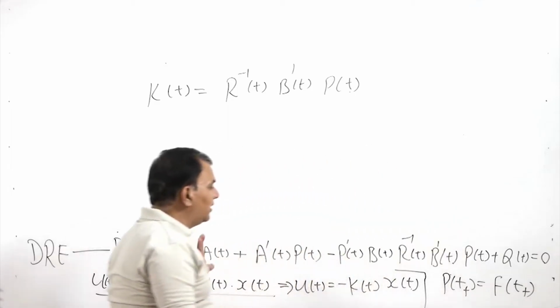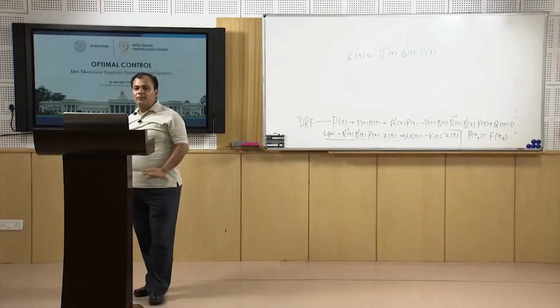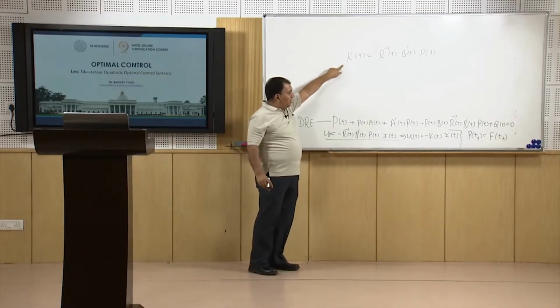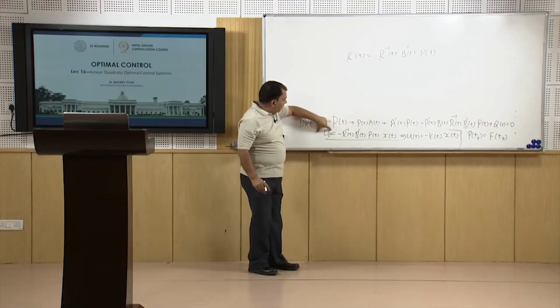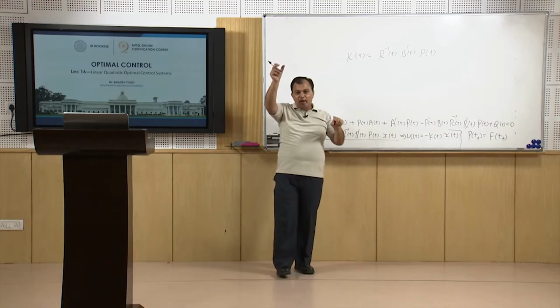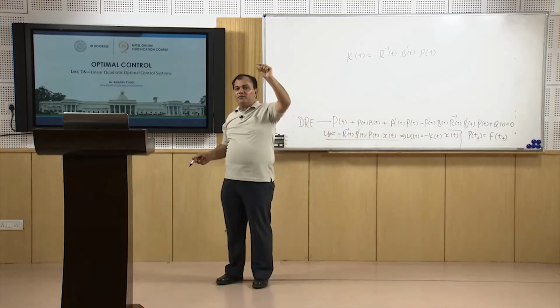So, in backward time we can solve this Riccati equation to get my Kt. So, directly I can apply the ut as my complete state feedback. So, I can measure the xt, multiply it with the Kt and give it as my u.